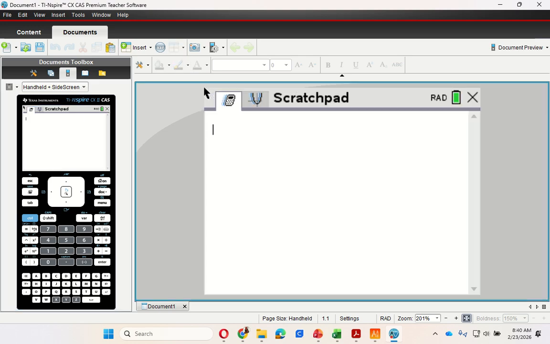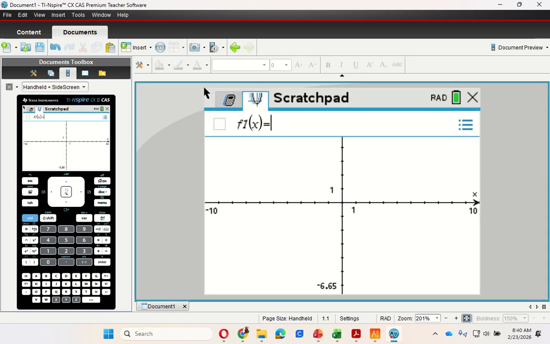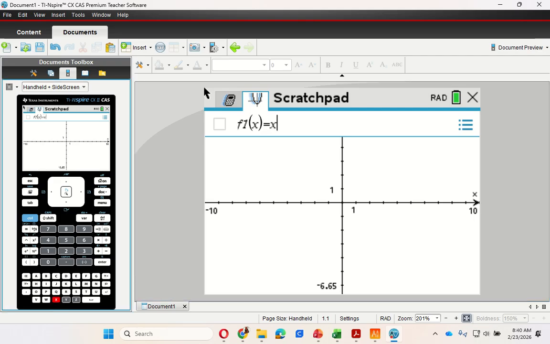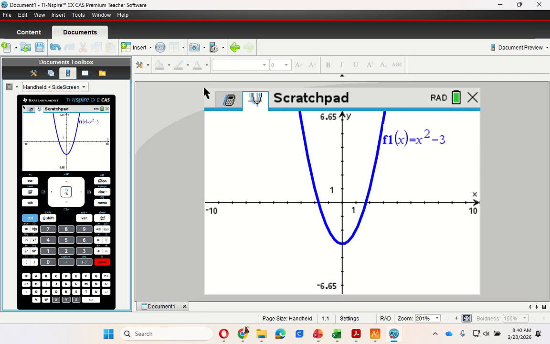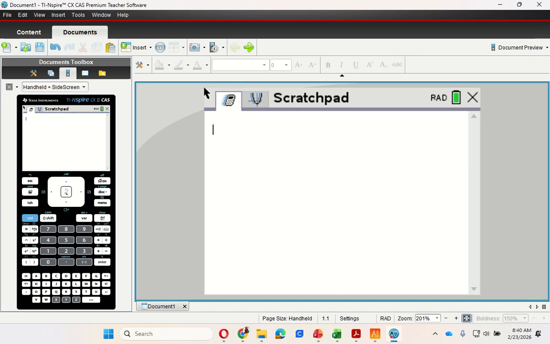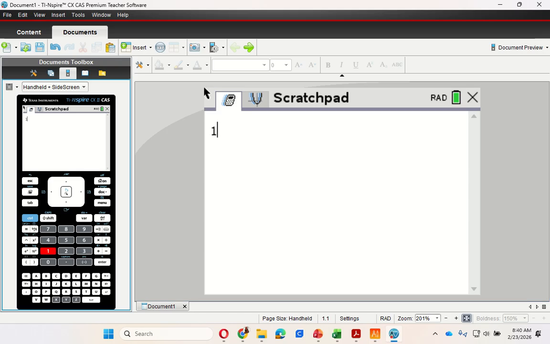So anyway, hit this right here, and my function was x squared, right? Hit enter. So delta x, which was 1, times f of, what was that, 1/2, right?